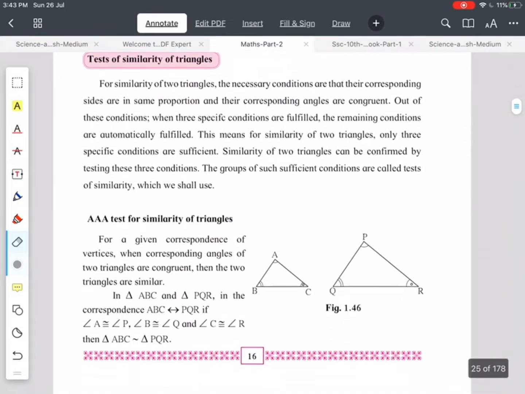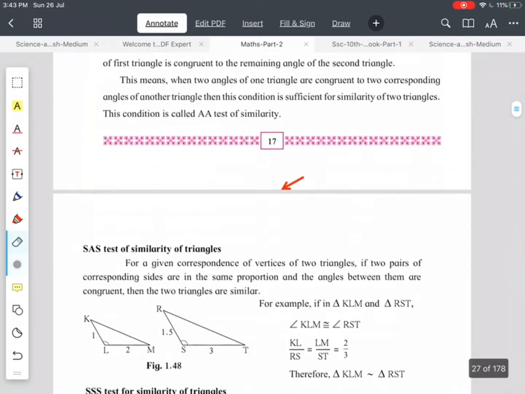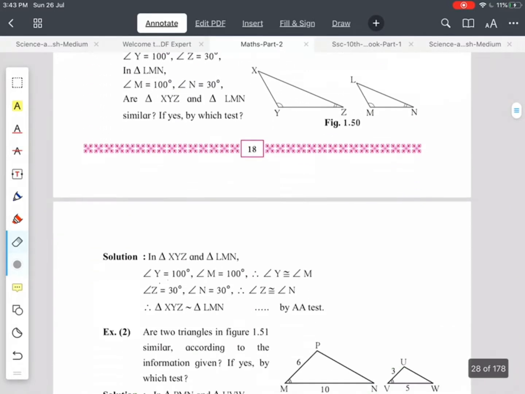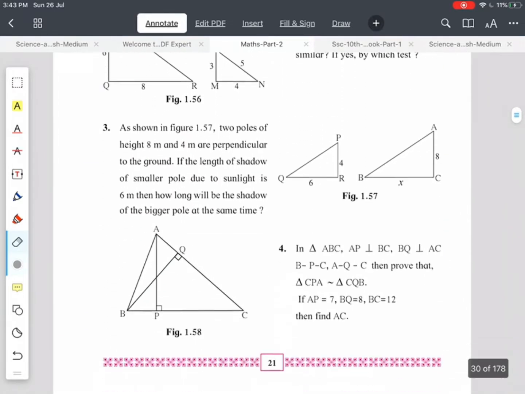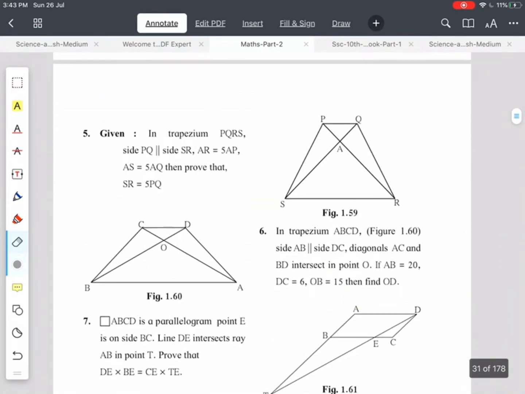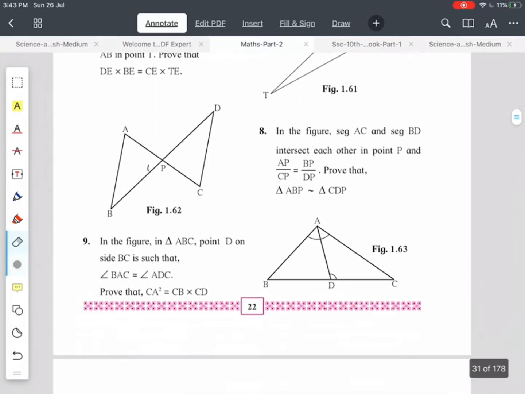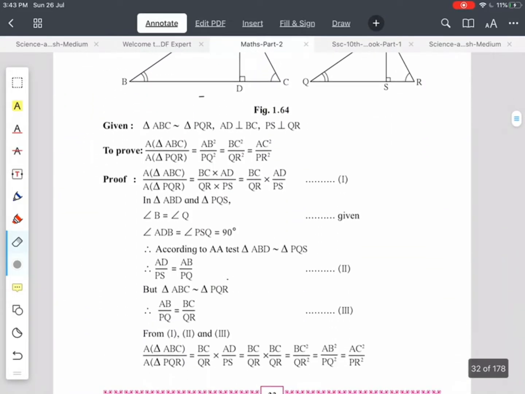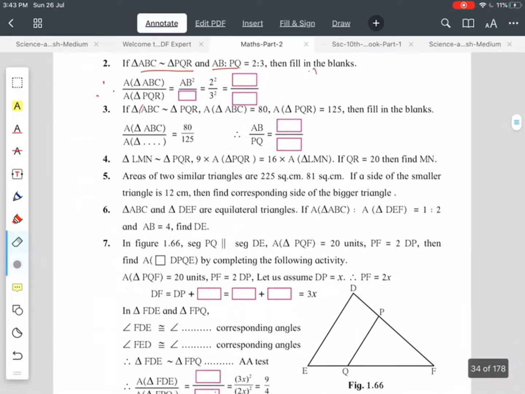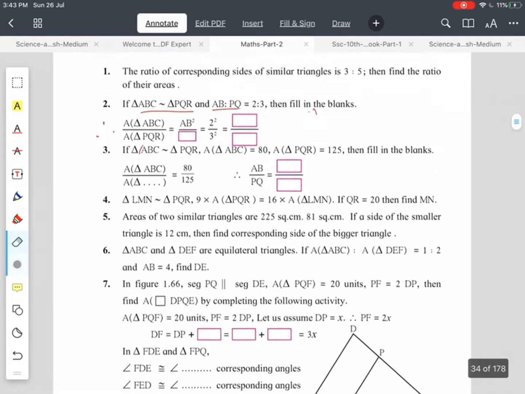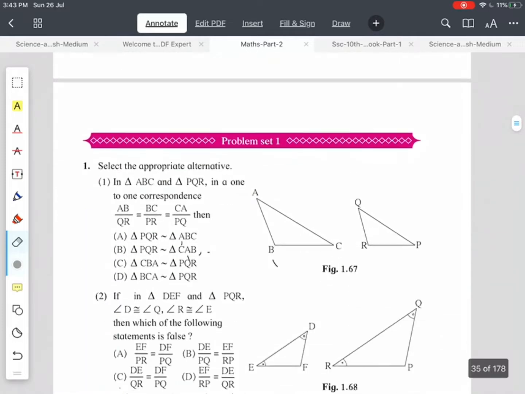Now next we'll go there. In the similarity chapter, there is no change in 1.3. Theorem of similar triangles is there. Practice set 1.4, no change.